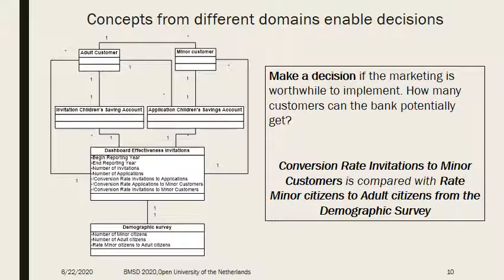To answer this question, the conversion rate invitations to minor customers has to be compared with something. And we compare it with the rate minor citizens to adult citizens from the external concept demographic survey. So this case shows that concepts from different domains are compared to enable decision.